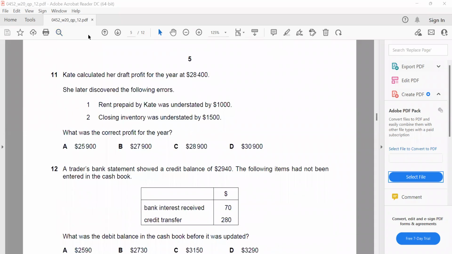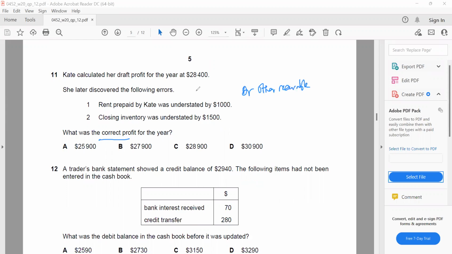Okay. Kat calculated her draft profit for the year at 28,400. She later discovered the following errors. Rent prepaid by Kat was understated by 1,000. So to get the correct profit, we do these adjustments first. The prepaid amount is understated, that means we have to debit other receivable.